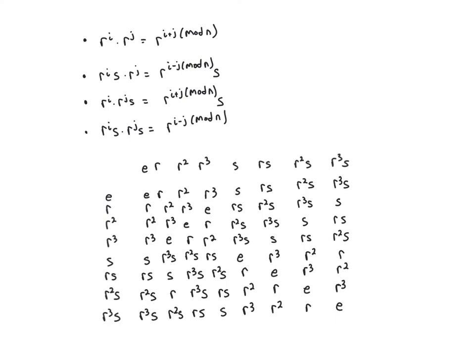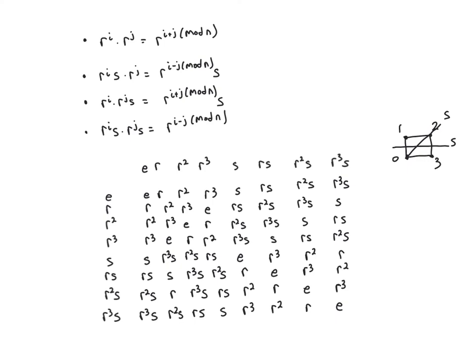And in case you wanted to see it, here's another way to write down the multiplication table for the dihedral group of the square. Or that's S. Or not quite. S is this one.